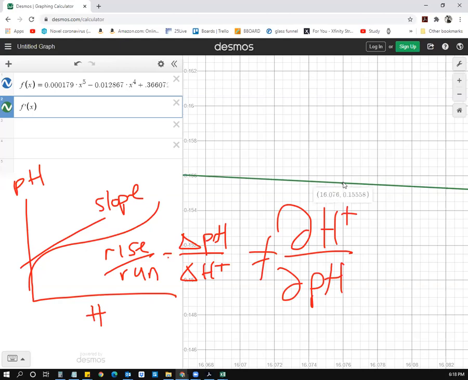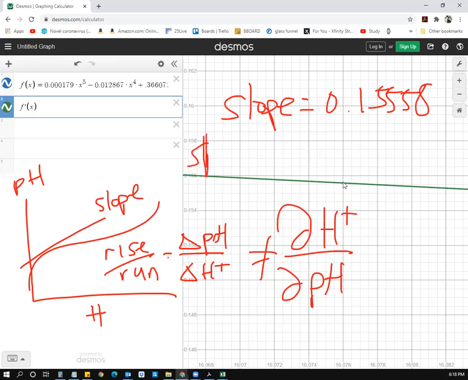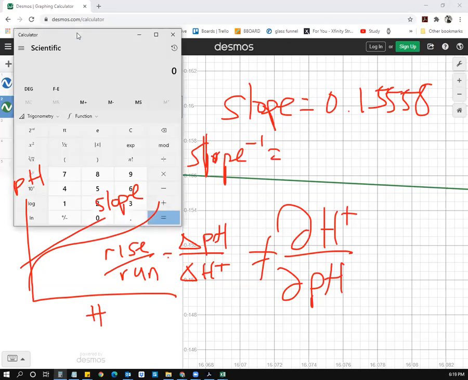So we have to take the inverse of 0.15558. If slope equals 0.15558, then the inverse of the slope equals, I'll have to drag my calculator into view.